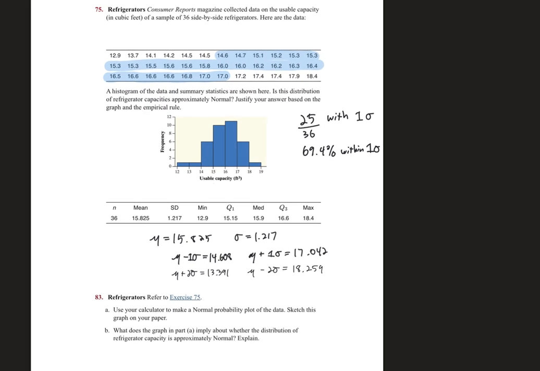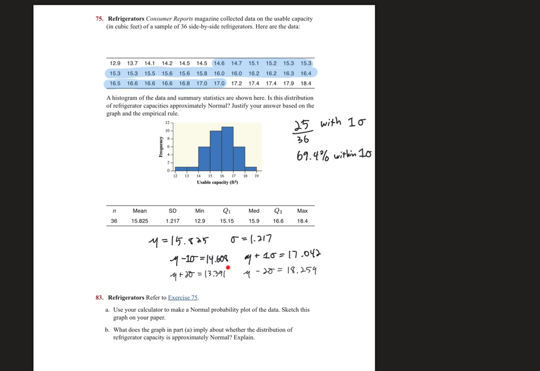Okay, so we want to know what percent of the data is now within 2 standard deviations. So what percent of the data is between 13.391 and 18.259? Bigger than 13.39, we now include all that data, and then even the blue data, and less than 18. Yes, that's all that data. So that's all but 2.